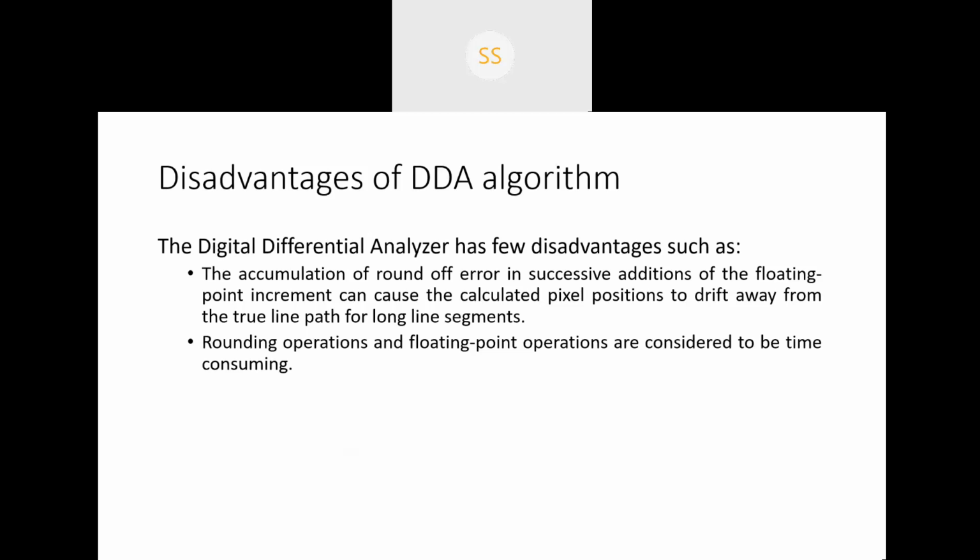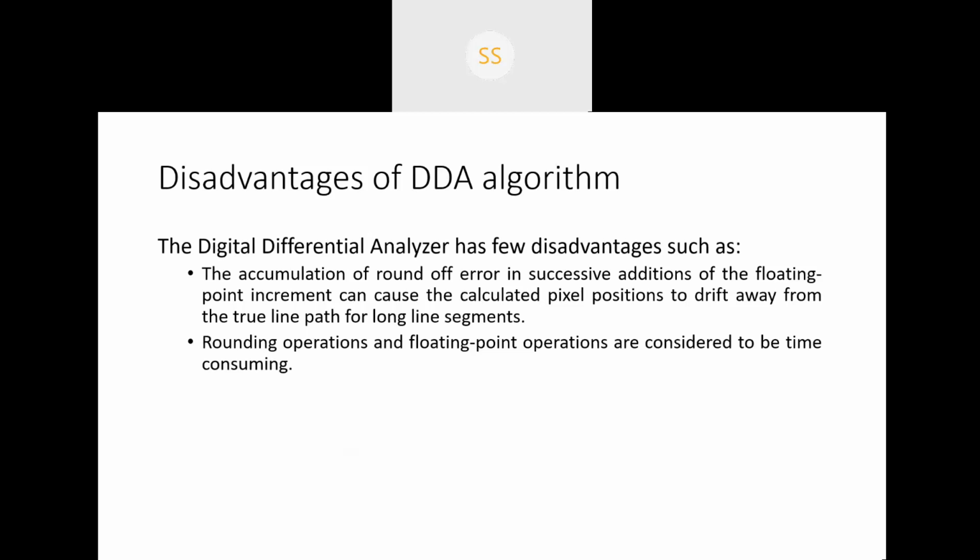Whenever we had to draw a line with the DDA algorithm, we had to compromise on precision. That is, we had to round off the floating point values, and that always resulted in lines which were quite jagged in shape. So that was one of the disadvantages of the DDA algorithm.